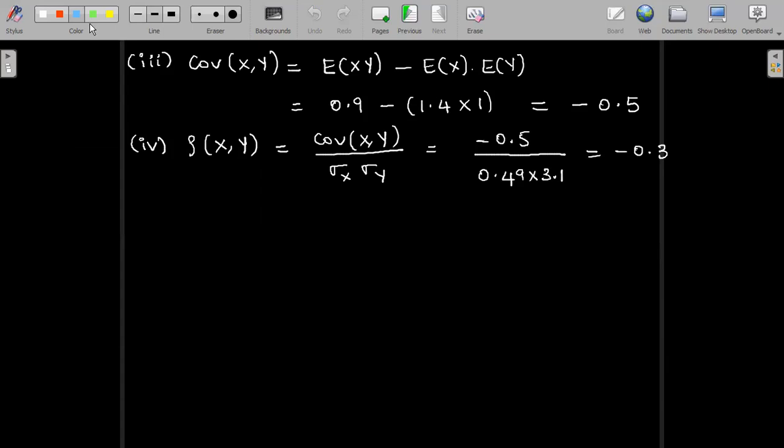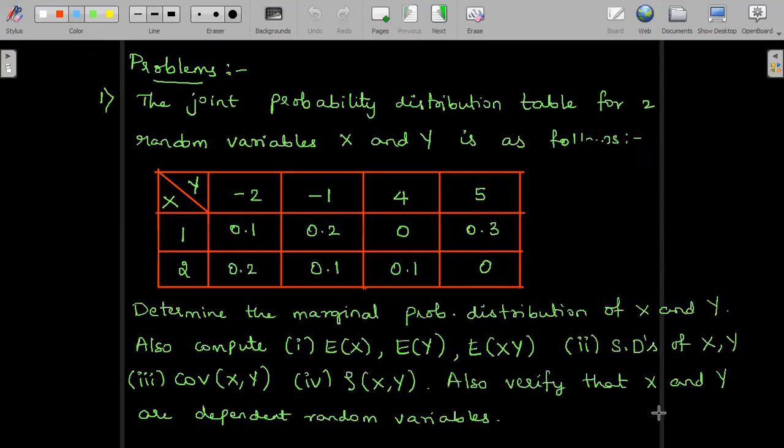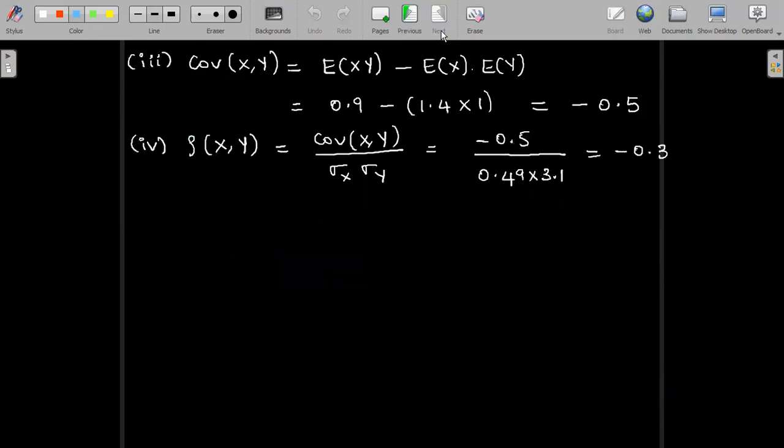If it does not satisfy for one single value, say for p11 with x equal to 1 and y equal to 1, the conclusion would be that random variables x and y are dependent. We are asked to verify that x and y are dependent random variables. So we start with the definition of independent random variables and prove that it is not satisfying the definition of independent, so it is dependent. So that is our fifth and the last part of the problem.